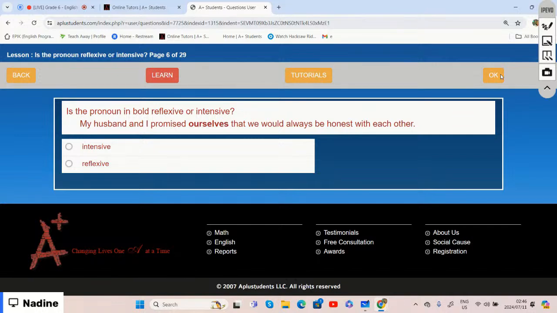So ourselves, is it an intensive pronoun or a reflexive pronoun? My husband and I, it's we. So is ourselves referring to my husband and I, or is it just putting emphasis on the word I?